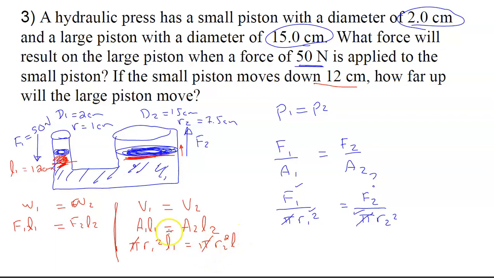Those are important. So I could do it either way. By the time I get done with this blue stuff here, I'm going to have force 1 and force 2. They gave me L1. They want L2. We could solve for that really simply. I've got R1 and R2. I've got L1. So I could solve this thing for L2 right there real simply as well. Either one of those will work.